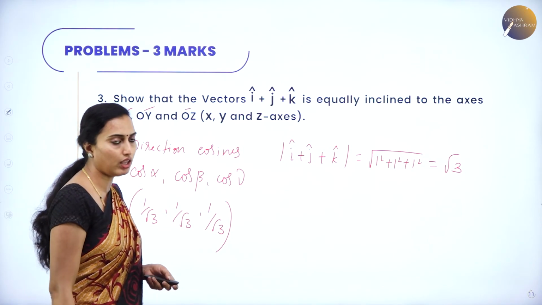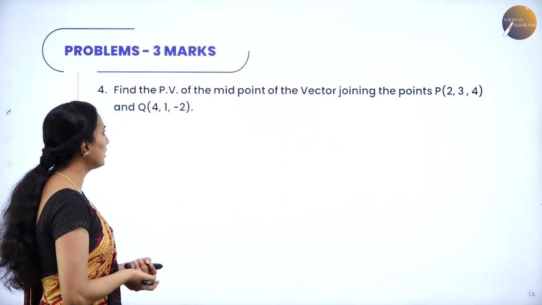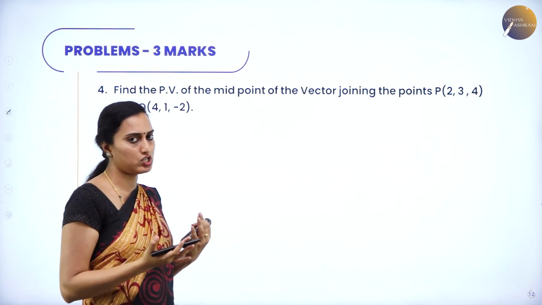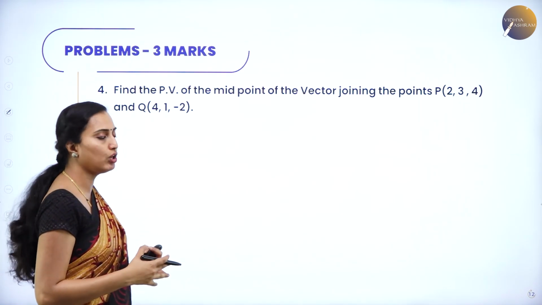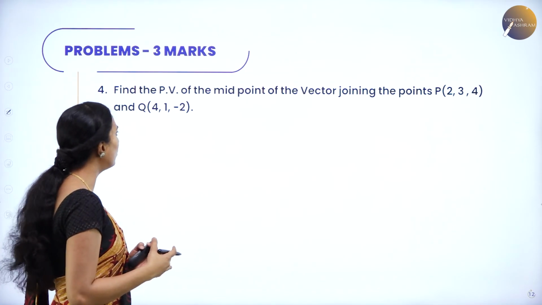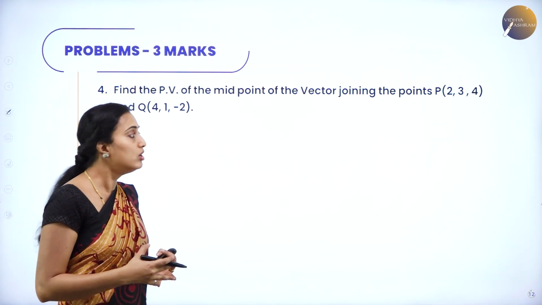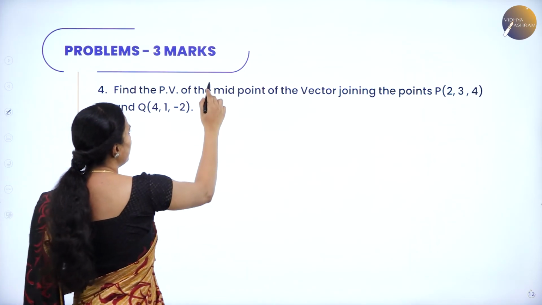That's it. We'll move on to the next question. Find the position vector of the midpoint of the vector joining the points P(2, 3, 4) and Q(4, 1, minus 2). Here they've asked us to find the midpoint.